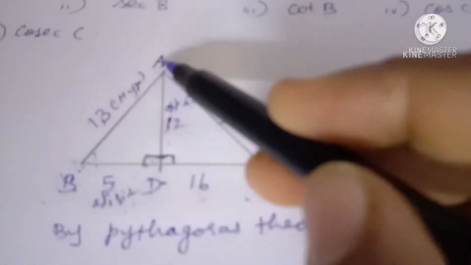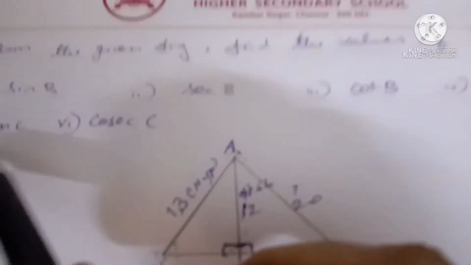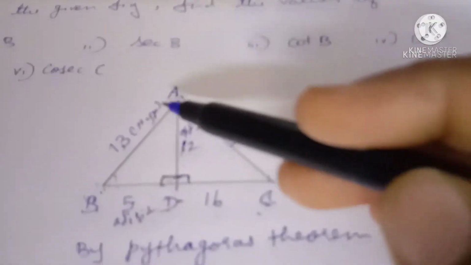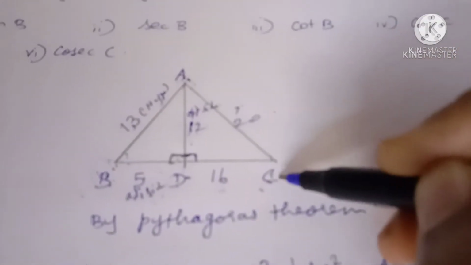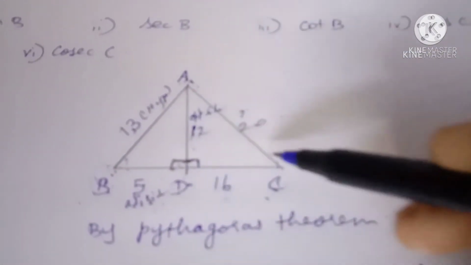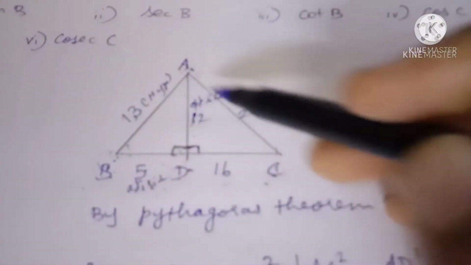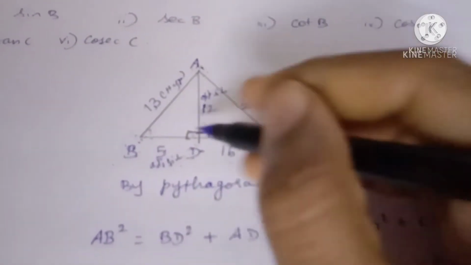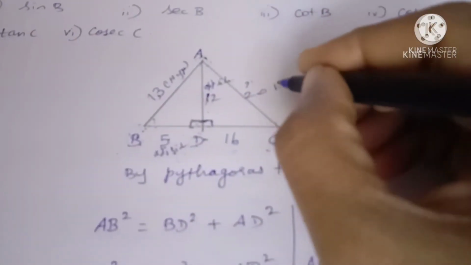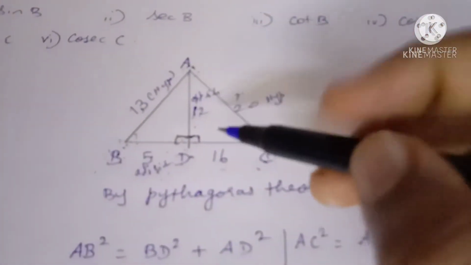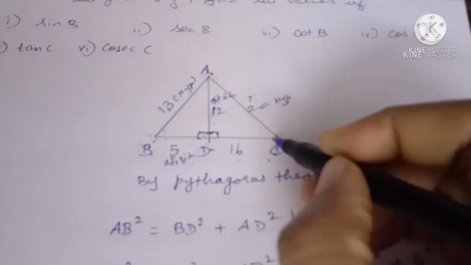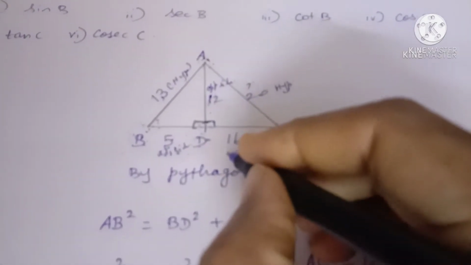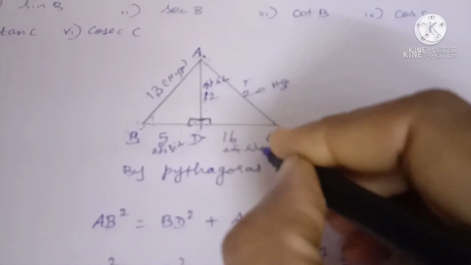Next one is cos C, tan C and cosec C. So they ask you to find the C values. So you have to take the right angle triangle ACD. If you take the triangle ACD, opposite to 90 degree is the hypotenuse, opposite to theta is the opposite side, and the remaining is the adjacent side.